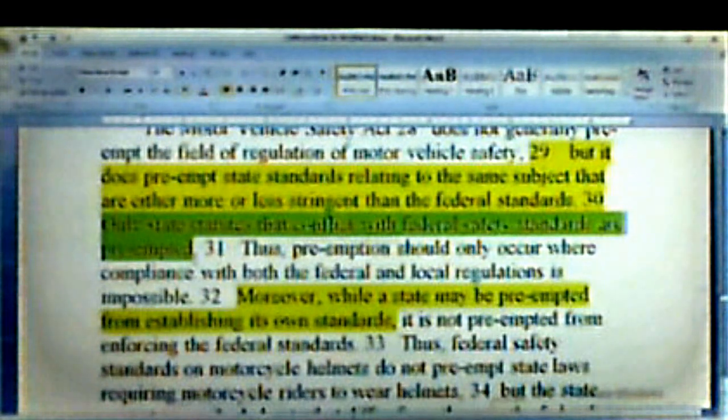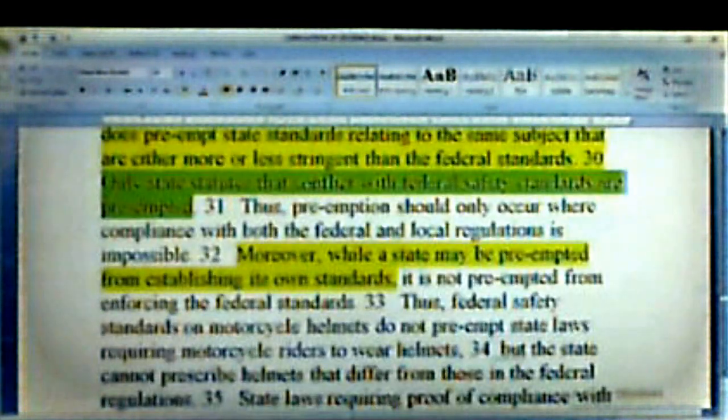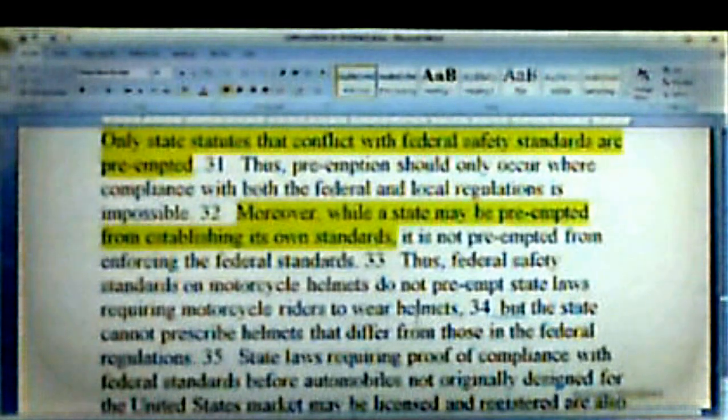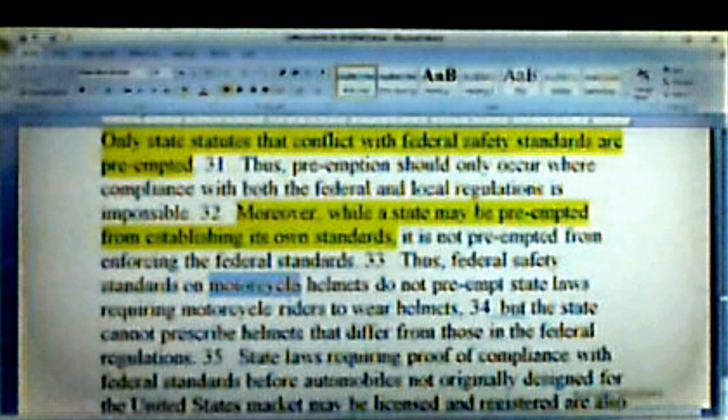Thus, federal safety standards on motorcycle helmets do not preempt state laws requiring motorcycle riders to wear a helmet. But you've got to remember and look at what is a motorcycle, right? Because again, it's only a motorcycle if it's being used commercially. Otherwise, it's part of your consumer goods, and all that for the motorcycle laws no longer applies.